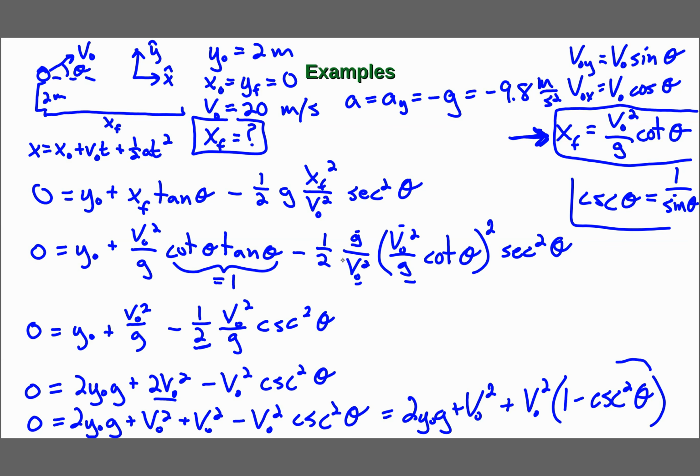but this piece here also has a trigonometric identity, okay? And the trig identity for this one is that this piece is equal to minus cotangent squared of theta, okay? So let's rewrite our equation, putting that in for this 1 minus cosecant squared.